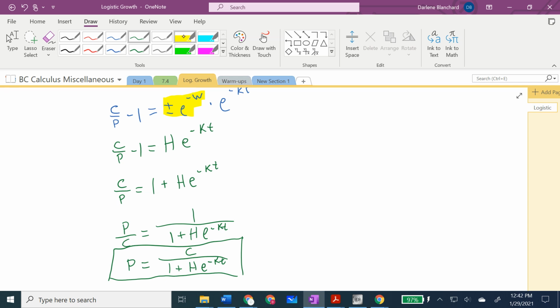I want to also clarify that this is an unknown constant due to integration. That constant can be found by knowing an initial condition. Other than that, C is your carrying capacity, K is your constant of proportionality based on that exponential model. And either they give you those numbers or they don't give you those numbers. But be familiar with the format of this solution.